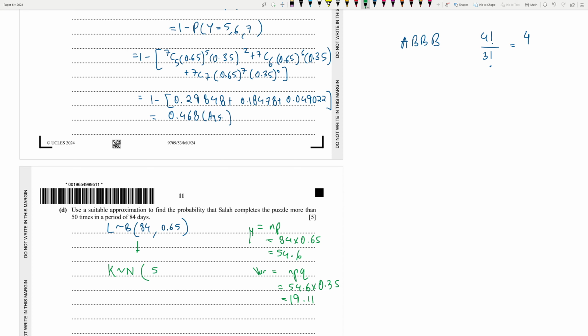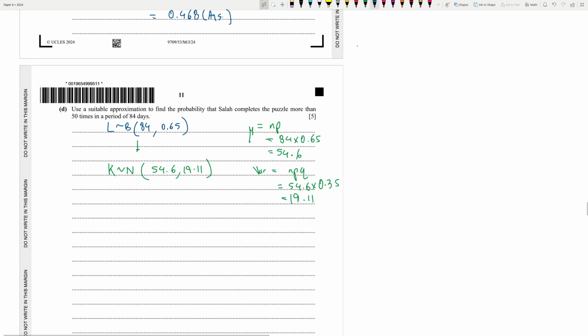So mu and sigma square, mu and variance. Okay. So now let's do the approximation, yeah.